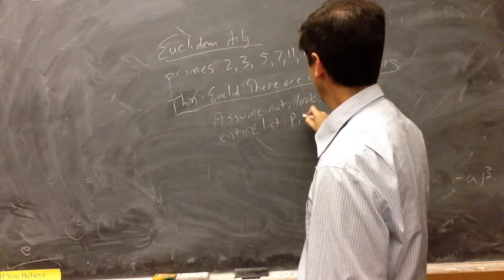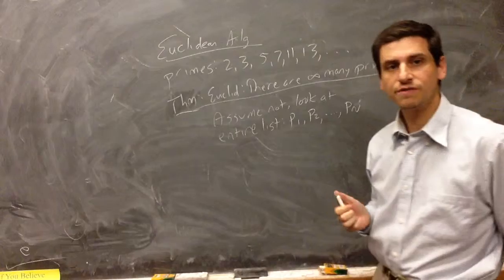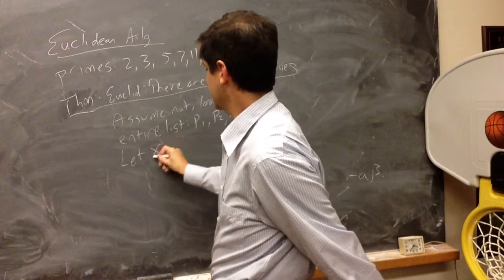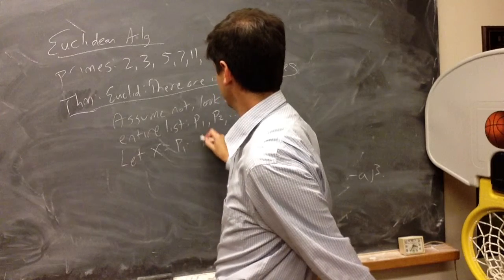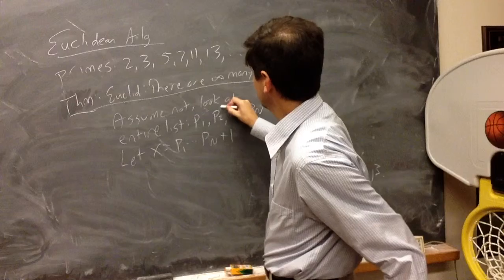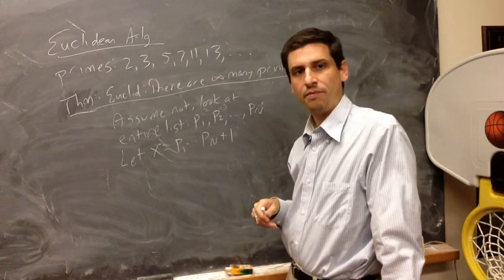Let's say P1, P2, all the way up to Pn. So if there's only finitely many primes, we can list them all. Let x be the product of all the primes plus 1. So the first prime is 2, the second prime is 3. So this is going to be at least 7.